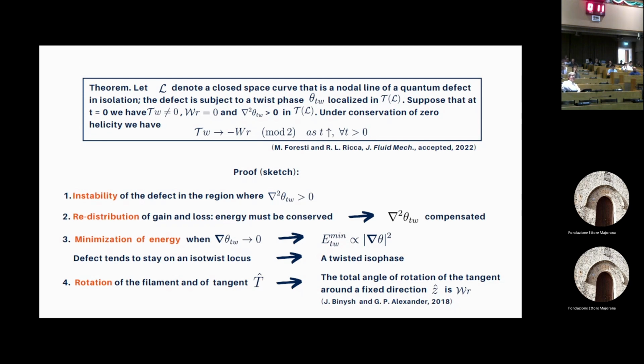At the beginning we have twist different from 0 and writhe equal to 0, for example the vortex ring. And suppose you have regions where the Laplacian of theta twist is greater than 0. Remember, the energy is complex, and the destabilization is due to the positivity of the Laplacian.